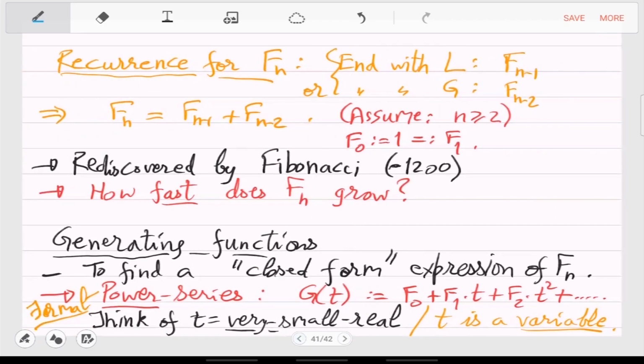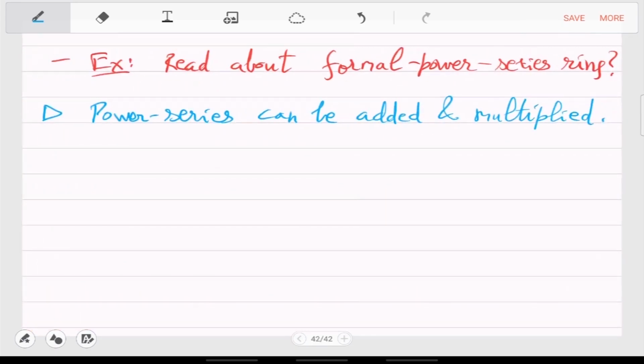Right, so now we want to implement this recurrence relationship on G(t), right? How do you do that? You have seen this many times, probably never thought about the proof. So the starting point is that G(t) is F0 plus F1t plus F2t square and so on.